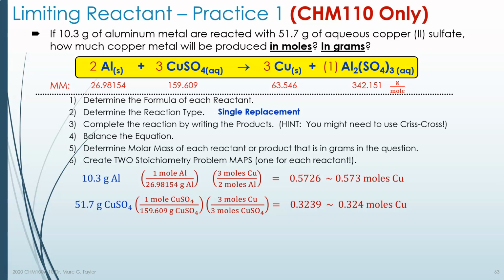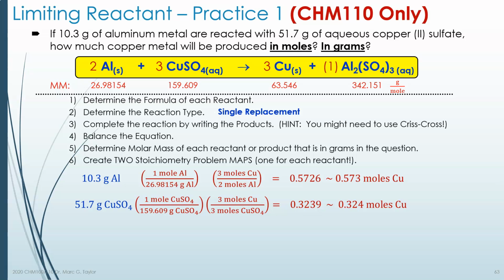That means we're really producing the lesser of those two, because that means that our copper sulfate, the second reactant, is going to run out first. Even though we've got 5 times as many grams, it's going to run out first. So you have to do the calculation to determine that. You can't just look at the problem and guess the answer.